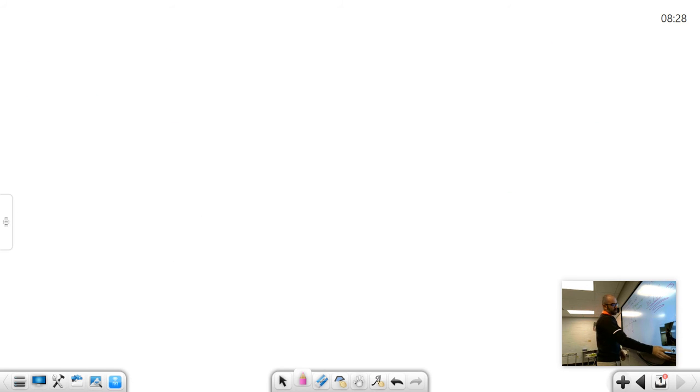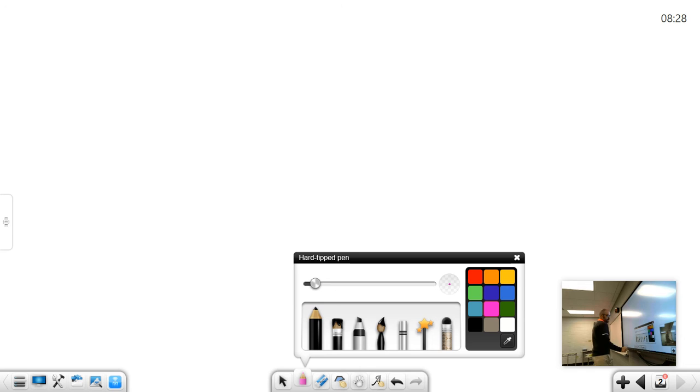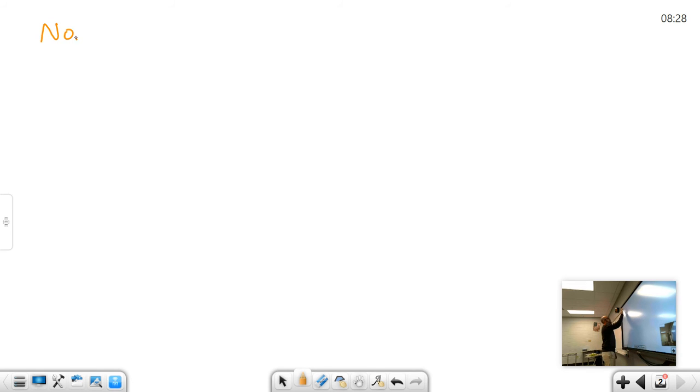So let's look at nonlinear. Nonlinear functions. What do we know about a nonlinear function? Well, it's pretty much the opposite of linear. The word non means it's not going to be that. So this is going to have curves.